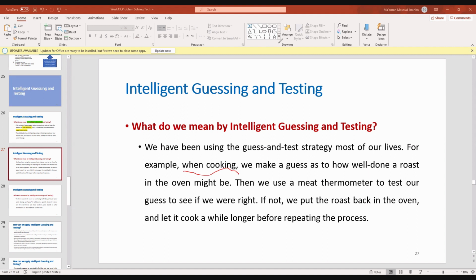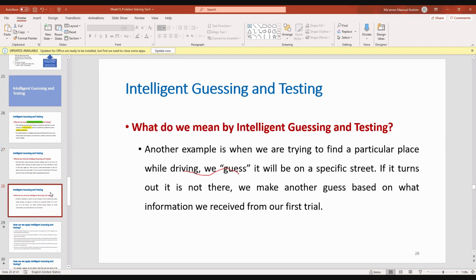Now I will go to the next slide. Now I am in slide 28. Another example is when we are trying to find a particular place while driving, we guess it will be on a specific street. If it turns out it is not there, we make another guess based on the information we receive.